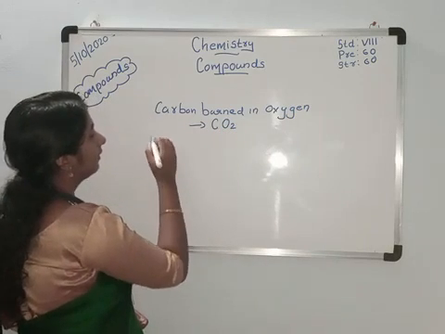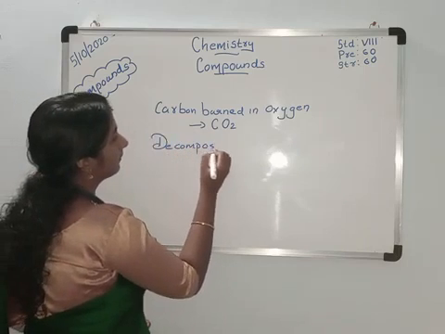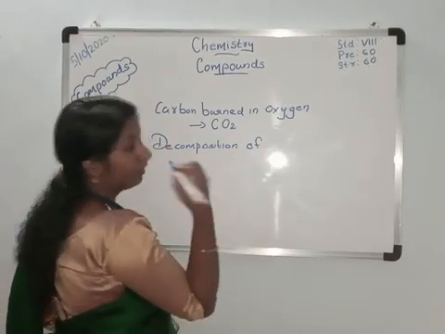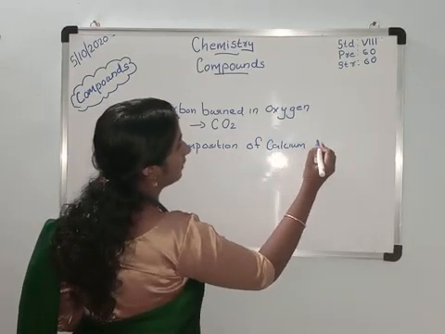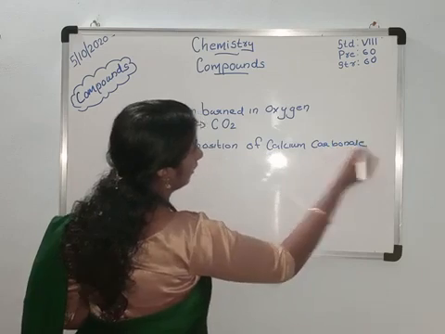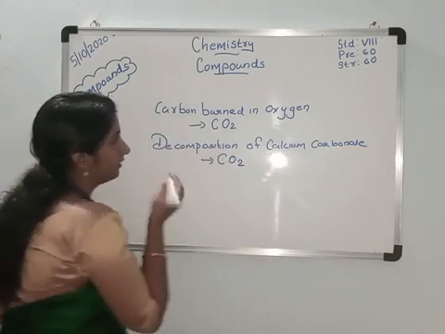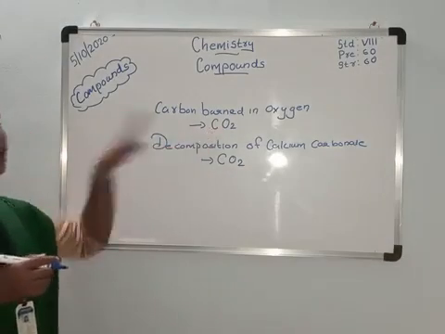Then next case, decomposition of calcium carbonate. And what was the gas formed again? Carbon dioxide, CO2. So in the first case, how many carbon are there in the carbon dioxide?